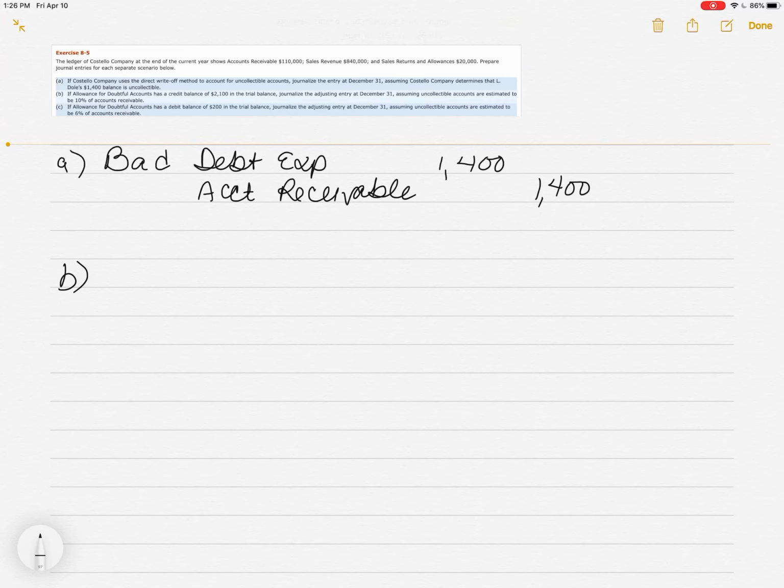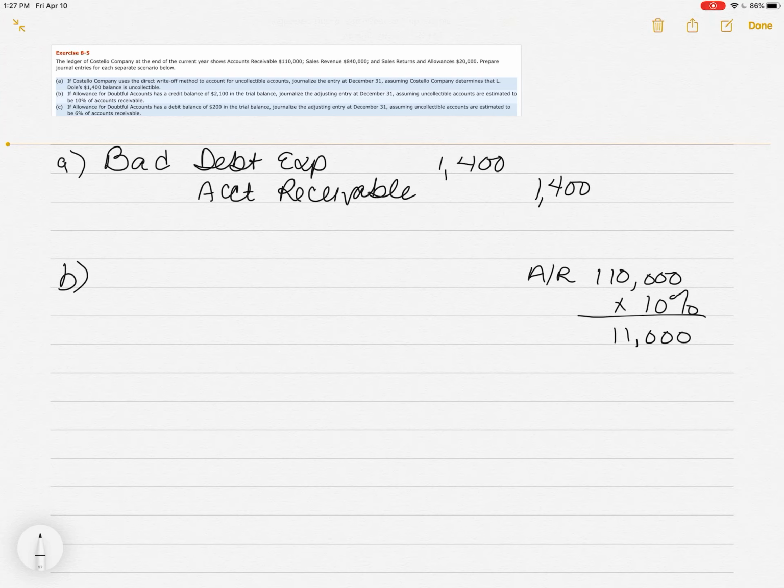They're always going to give you the sales revenue and sales returns to see if you know what you're supposed to use. So what we're going to use is that accounts receivable balance, which is $110,000, and we're going to times that by 10%, which gives us $11,000.